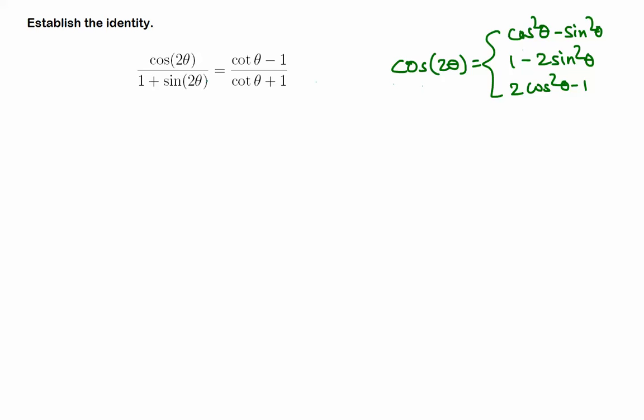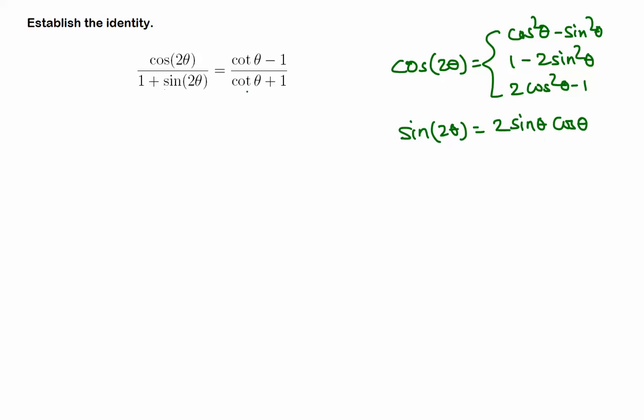And sine 2 theta has only one form, that is 2 times sine theta times cosine theta. So on the top we're going to have one of these three, and on the bottom 1 plus this.